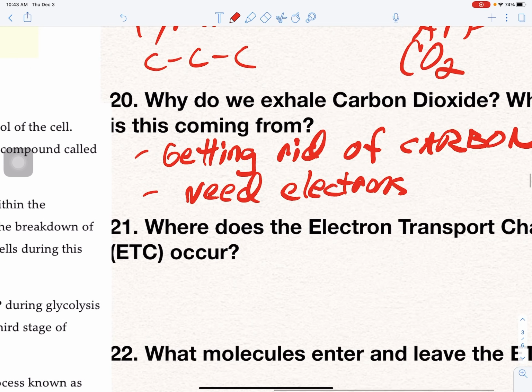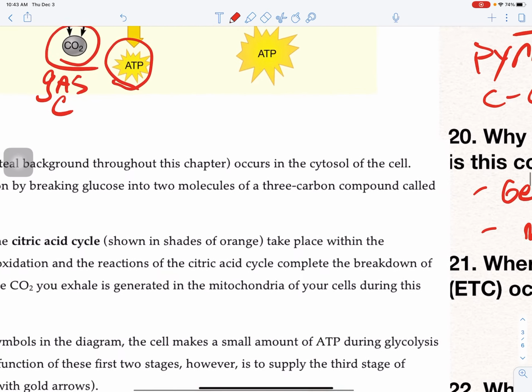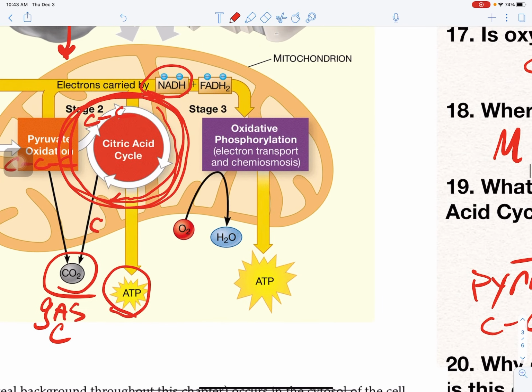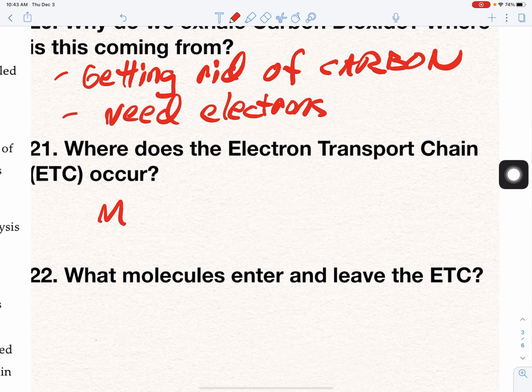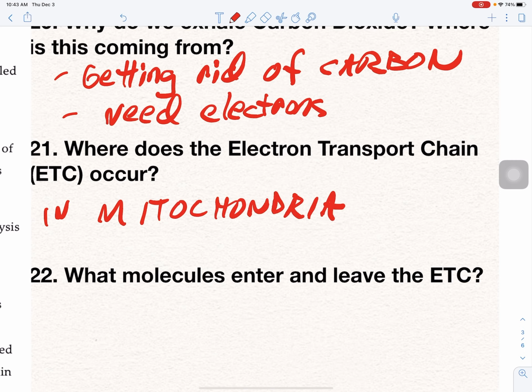Where does the electron transport chain occur? This is stage 3. You can see that it is right here in purple, and it's inside the mitochondria. What molecules enter and leave?